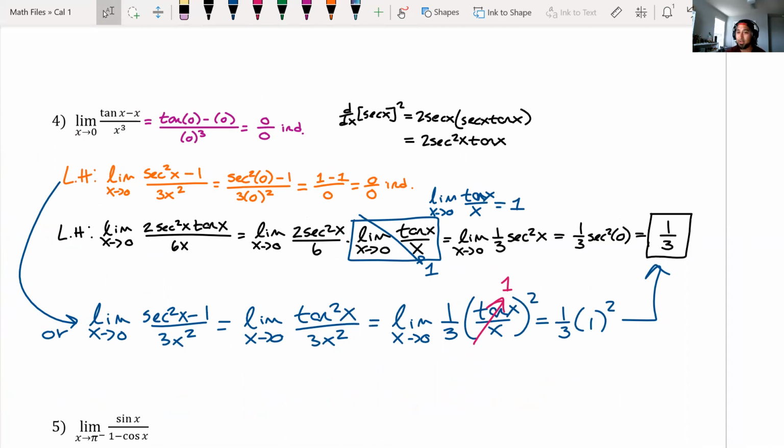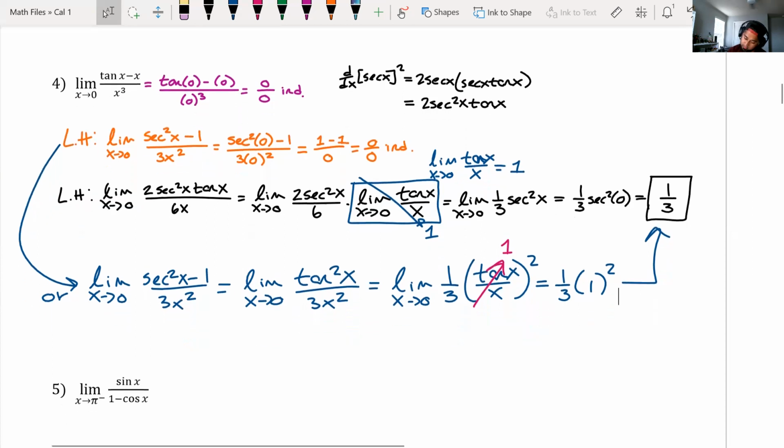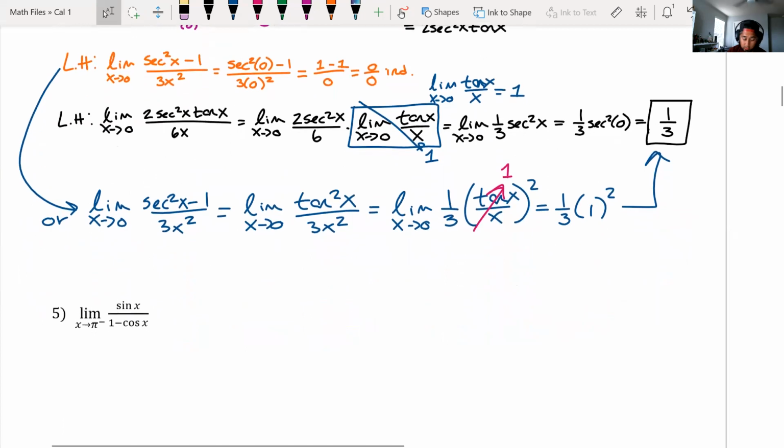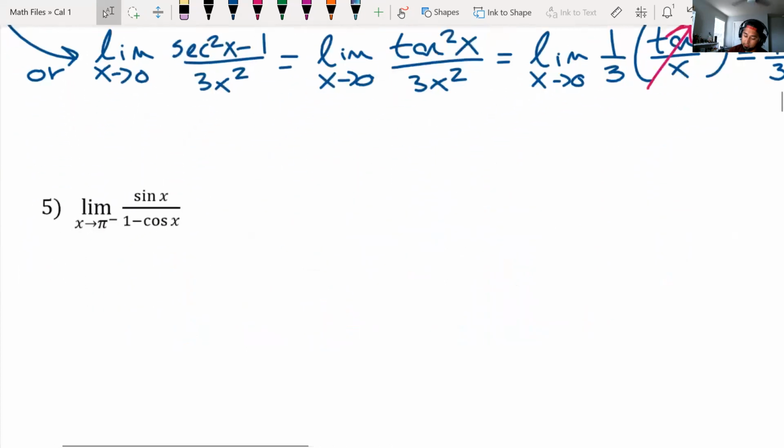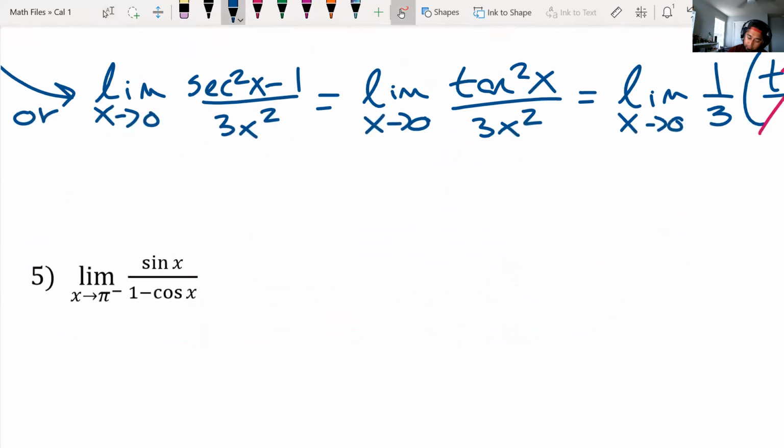All right. Any questions on that? Okay. Number 5. Once again, plug the number in first. The limit as x approaches pi from the left, you're going to get sine of pi over 1 minus the cosine of pi.